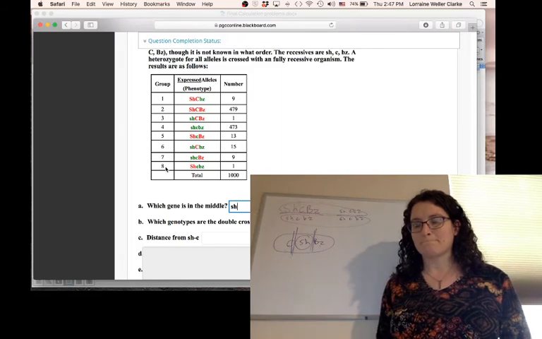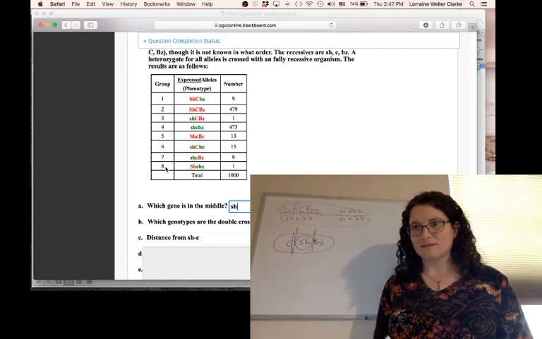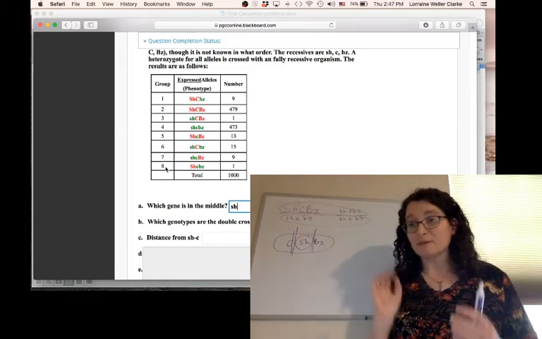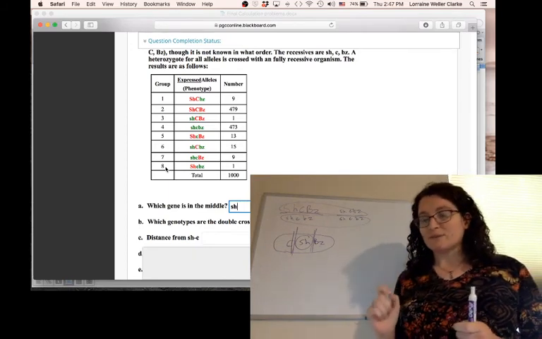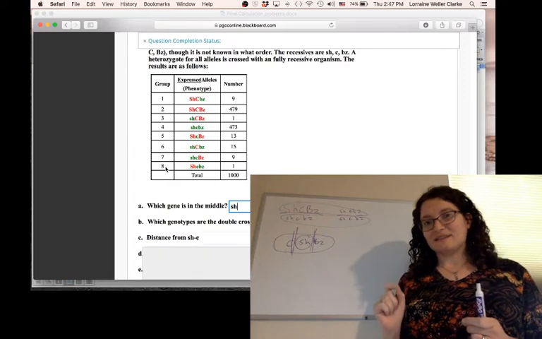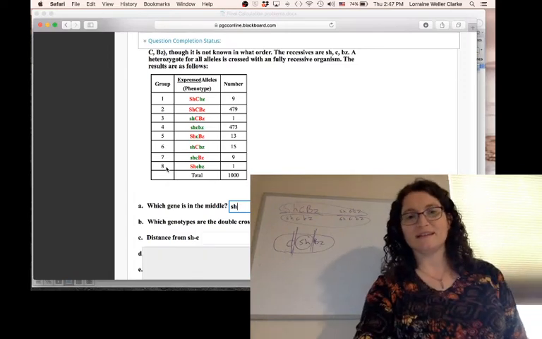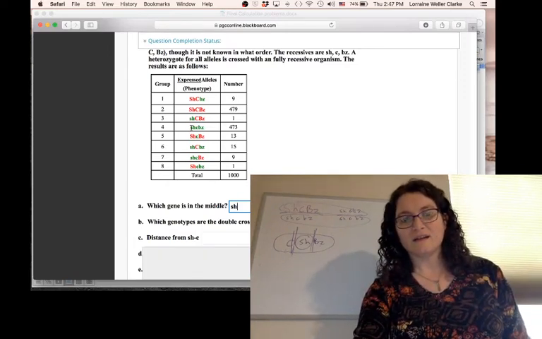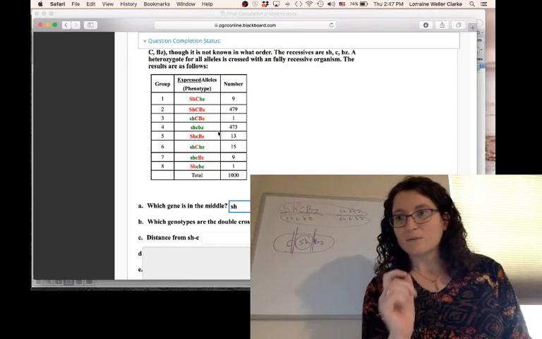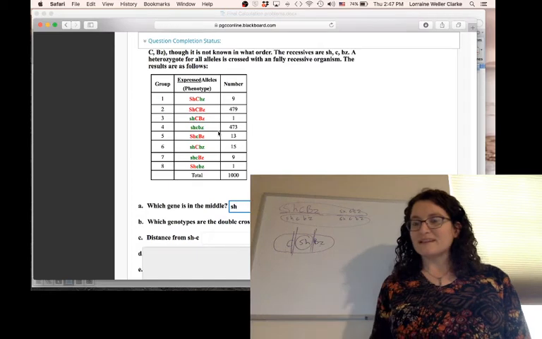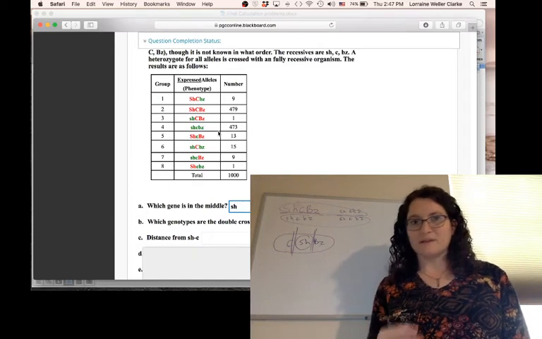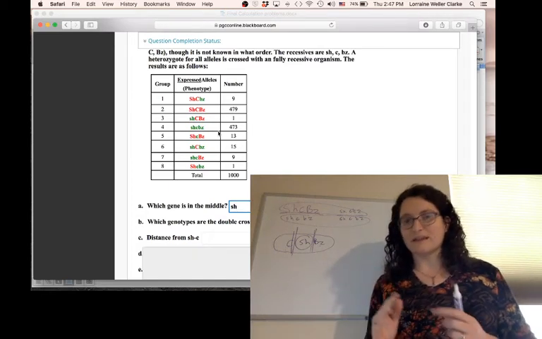Now that you know that, you can reorganize all of these. To find the distance from SH to C, we look at the single crossovers, and then we add the double crossovers to them, and that's the frequency at which these are both happening, every crossover in that region.